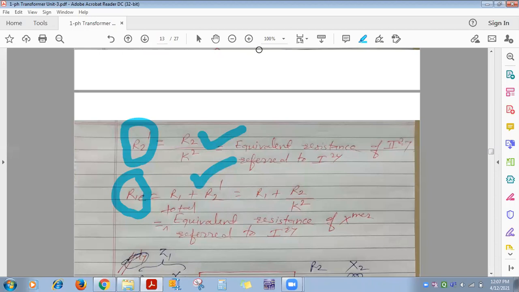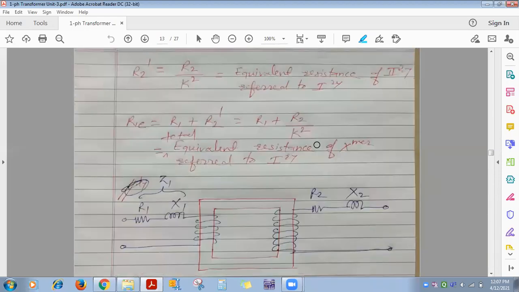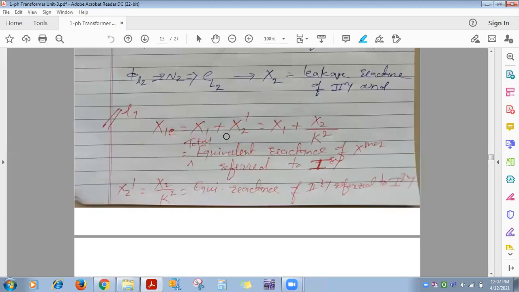Okay, the same is the thing for reactance also. Only instead of resistance, say reactance here. Same thing. See, the primary side reactance is already X1.